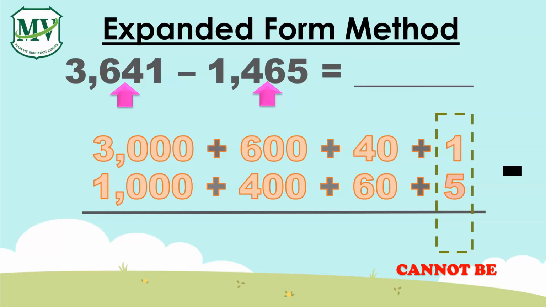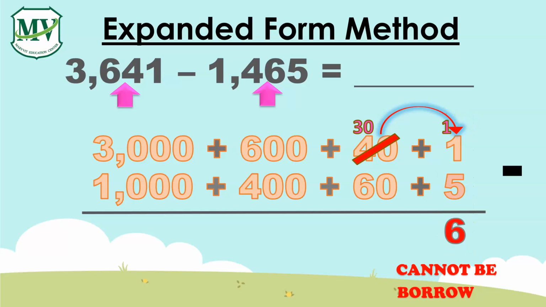We need to borrow from the next place, tens. 40 becomes 30. We regroup 10 into 10 ones. 11 minus 5 is 6. Step 2.